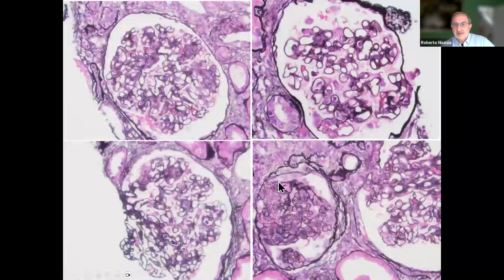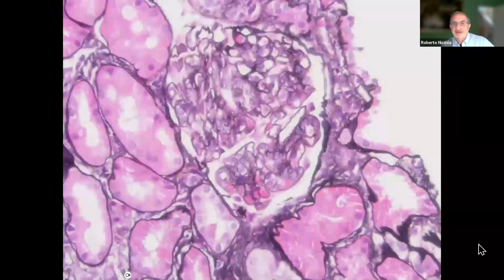And rarely we saw glomeruli look like this, which suggested the late stage of a segmental sclerosis scarring process. Here is a higher magnification view of one of the glomeruli. It's slightly distorted at the edge of the biopsy, but you can see how some of the capillary loops are partially obliterated by cells, and here even swollen endothelial cells. And again, there's some segmental thickening of the capillary walls.